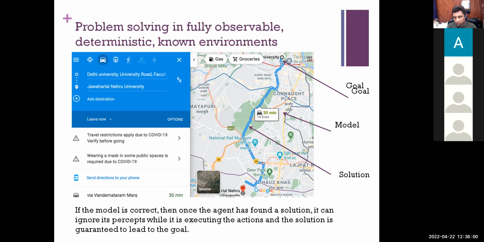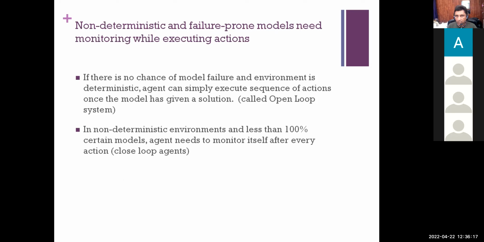That means the optimum path or optimum solution cannot be computed right in the beginning. It will be computed only as the action sequences proceed. So in the non-deterministic or failure-prone model, you need constant monitoring while you execute your actions.